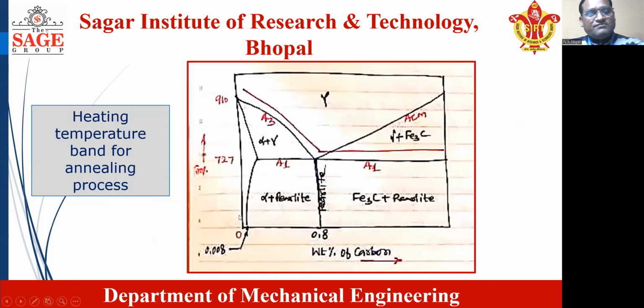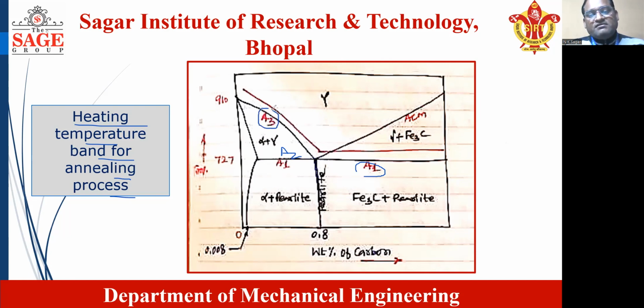After the objectives, this is the heating temperature band for the annealing process. In the previous slides, I used the notations A3, A1, A2, and ACM. The line joining 910 degrees Celsius to the eutectoid point is known as the A3 curve.